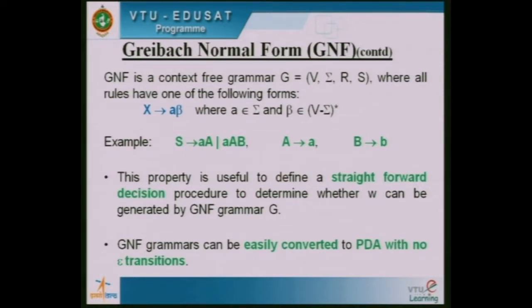So, these are the two definitions of Chomsky normal form and Greibach normal form, but we will be studying one of these normal forms in detail, that is converting the given context free grammar into Chomsky normal form, CFG into CNF.